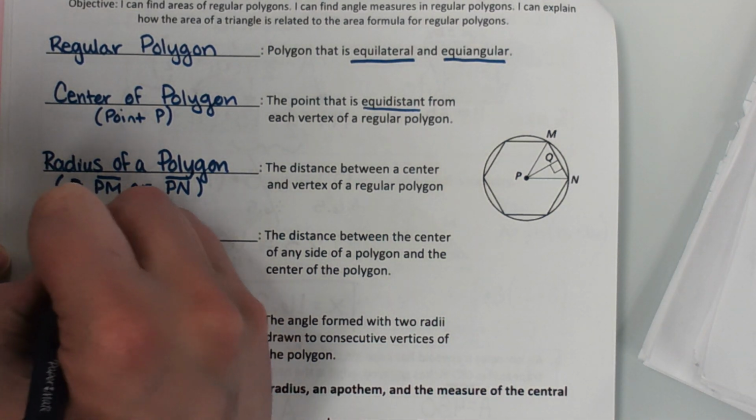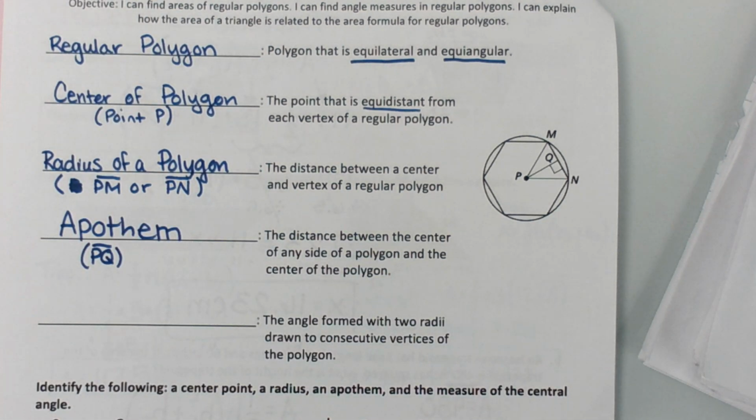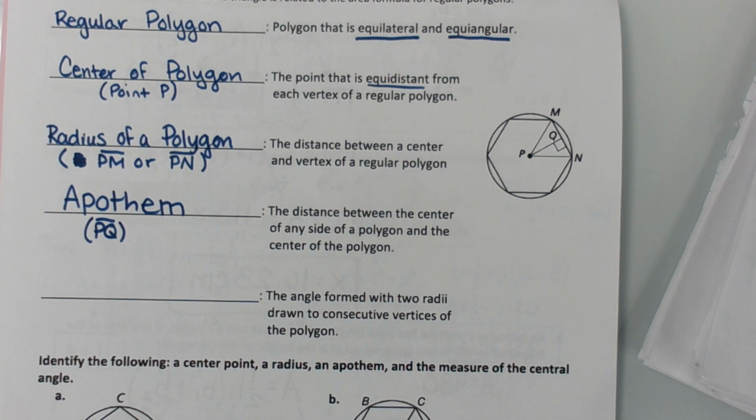And it is known as the apothem. The apothem is a very important feature of these polygons. It's going to be one of the ones that we focus in on that we're actually going to need to know a little bit more.